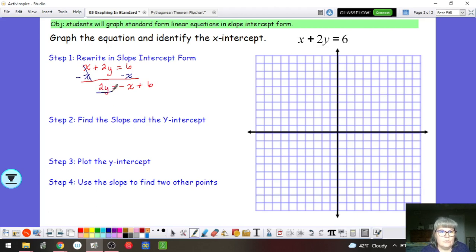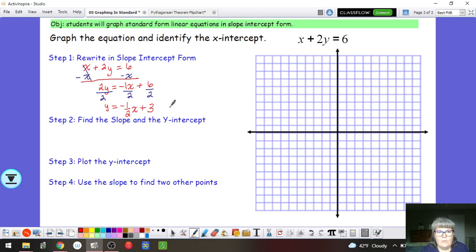So I'm going to divide by 2, divide by 2, divide by 2, and I will have y equals, now keep in mind when you don't have a number in front of your variable, it's a 1, so we have negative 1/2 x plus 6 divided by 2 is 3.